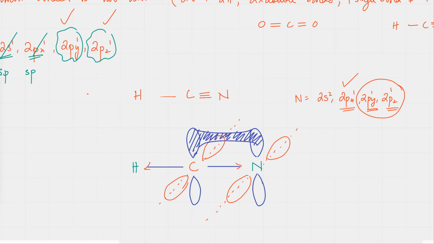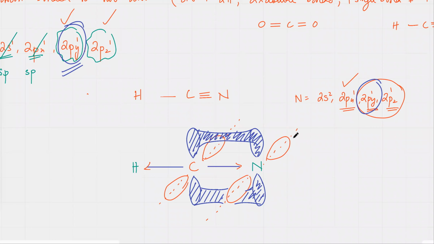They would start attracting each other's electrons, and a pi bond is going to be formed above and below. That's the 2py bonding with the 2py. These two have ended up overlapping with each other, so they've started sharing electrons.